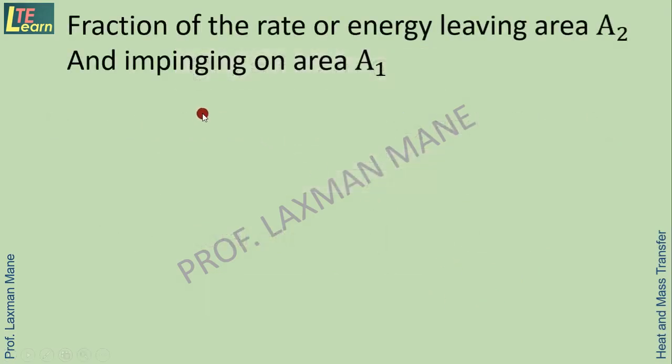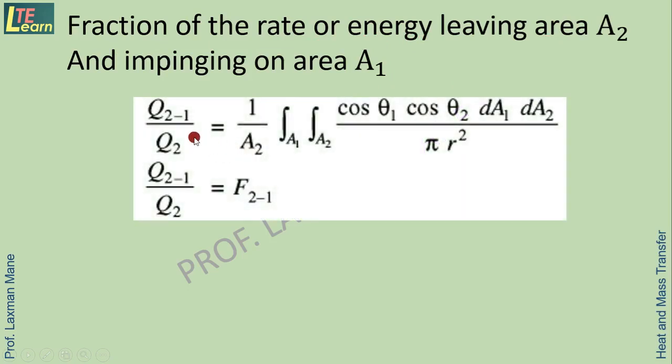Now considering the shape factor, meaning the fraction of the energy leaving area A2 and impinging on area A1, the shape factor F2-1 will be the ratio of Q2-1 divided by Q2. Writing the earlier equations over here, this is the definition. So this will be equation 2.